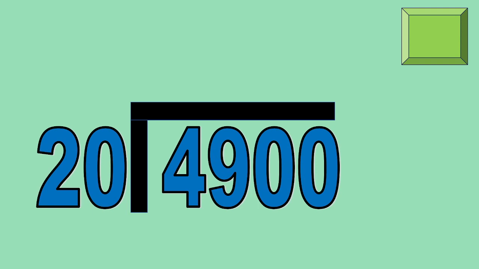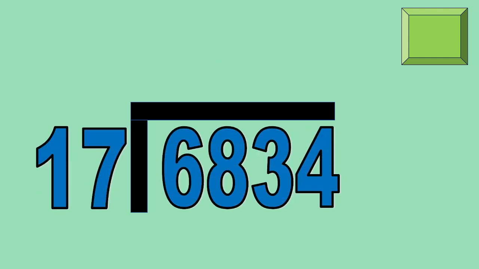4,900 divided by 20. Time's up. The answer is 245. 6,834 divided by 17. Time's up.